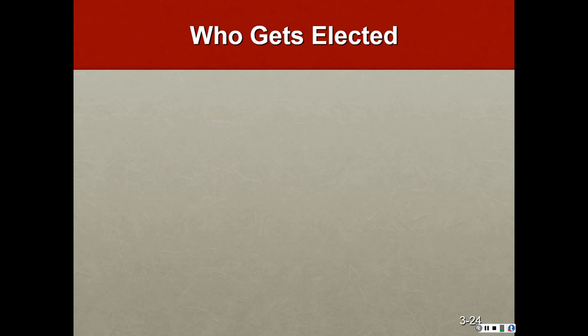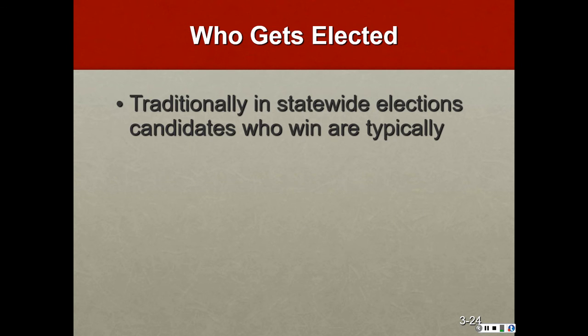While we're talking about parties and elections, let's go back real quick. Who gets elected? Traditionally, in these statewide elections, governor, lieutenant governor, attorney general, those things, candidates who win are typically white, Protestant males.